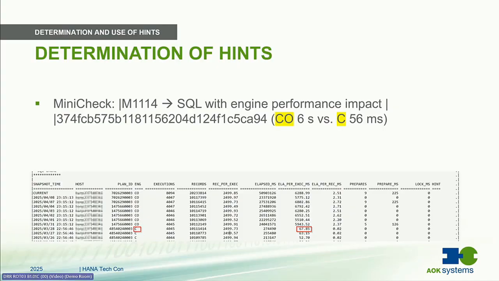If you have such cases, it is mostly easier to guide the optimizer on which agent it shouldn't use. For example, you can use here a hint, no use OLAP agent.